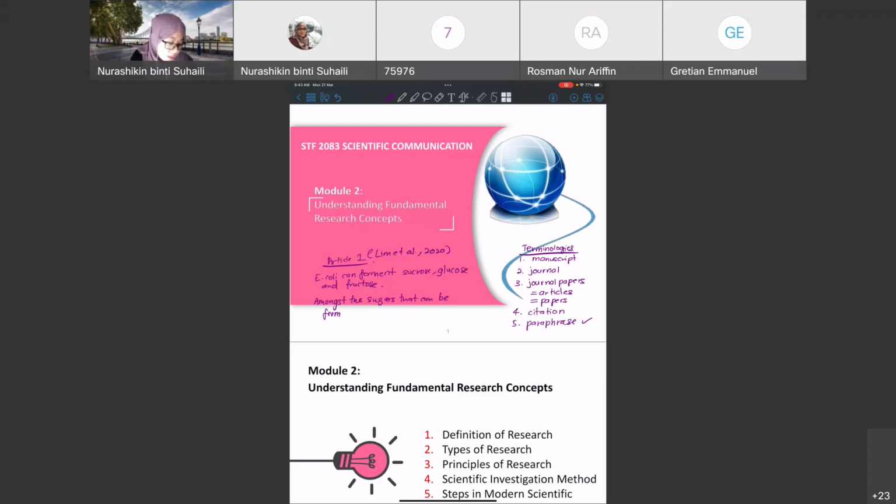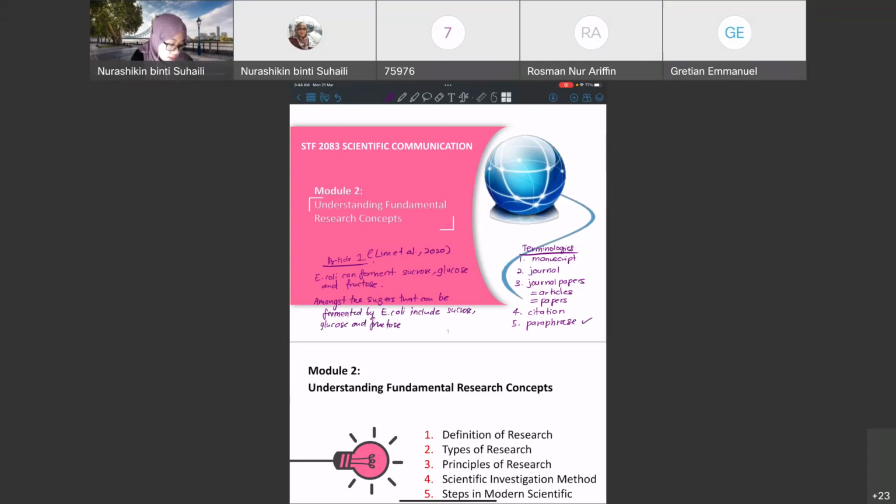Among the sugars that can be fermented by E. coli include sucrose, glucose, and fructose. Okay.